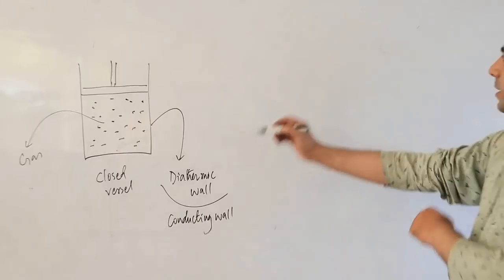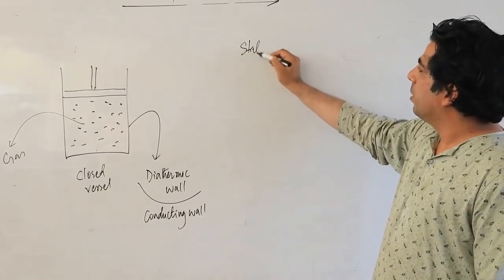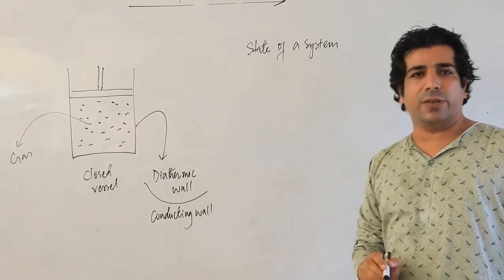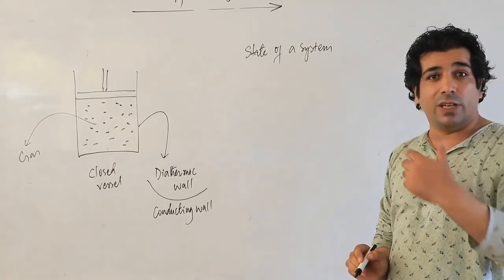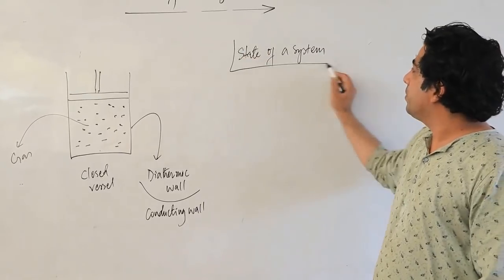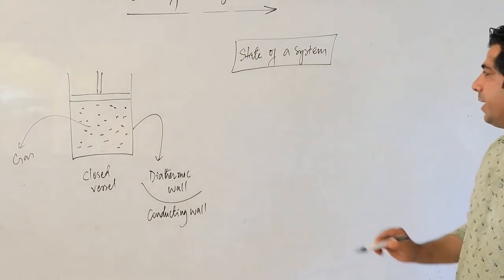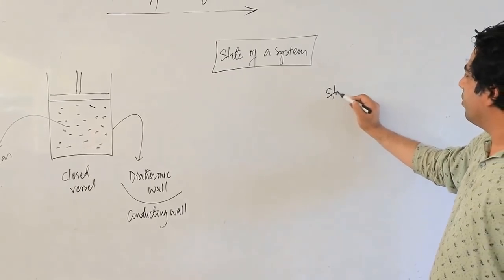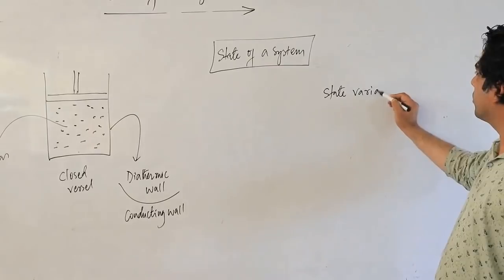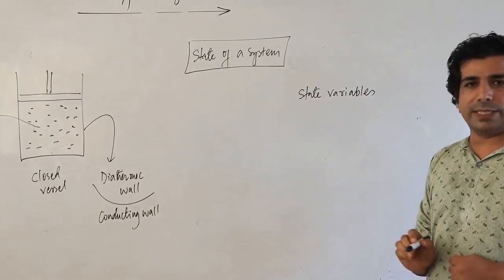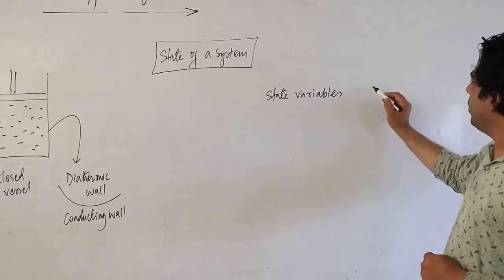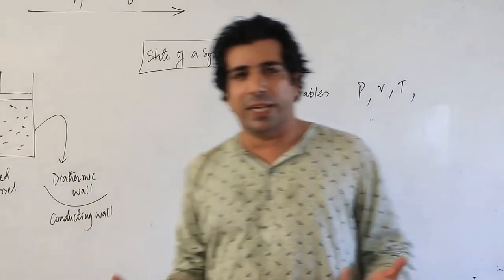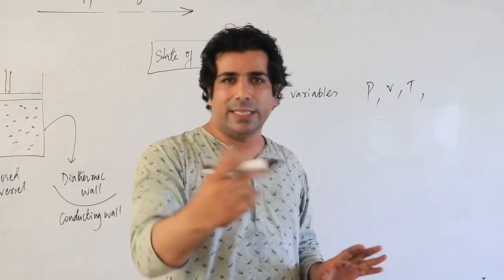Let's have a look. We were talking about the state of a system. And I told you that if you change the state variables, the state of a system will also change. Let us suppose I have the state variables with me. So what are my state variables, my dear friends? Usually pressure, volume, temperature, internal energy, Gibbs free energy. All these things I will discuss a little bit later.